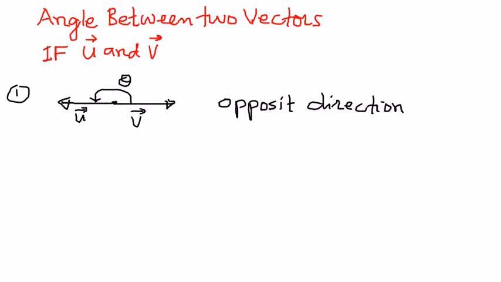These two are facing opposite directions, so therefore theta in here is going to be equal to pi, and then therefore cosine theta is going to be equal to -1.